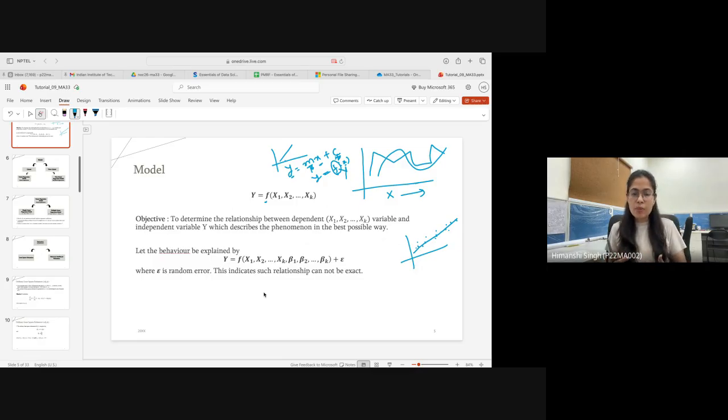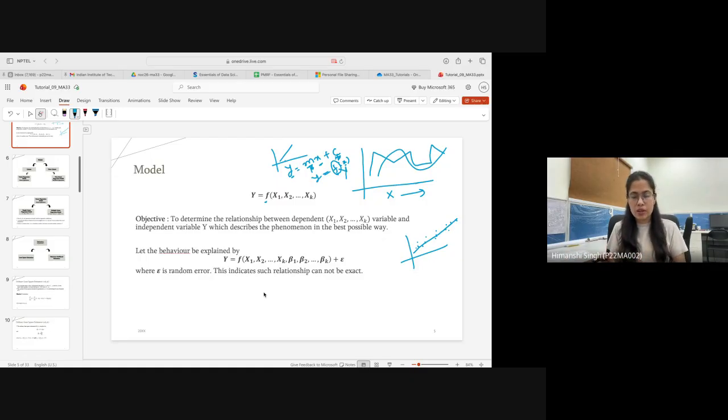Now further we can talk about what this function f can be. If I consider it in a broad sense, if I want to partition a class of functions, then I can say a function is linear or a function is non-linear.